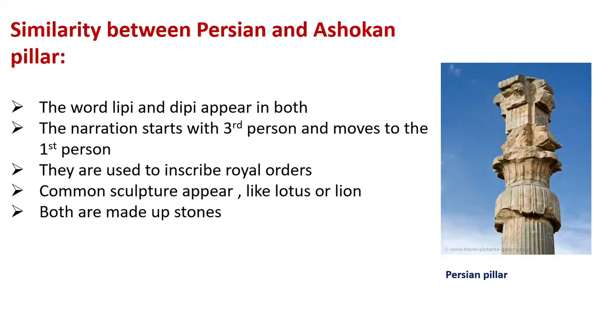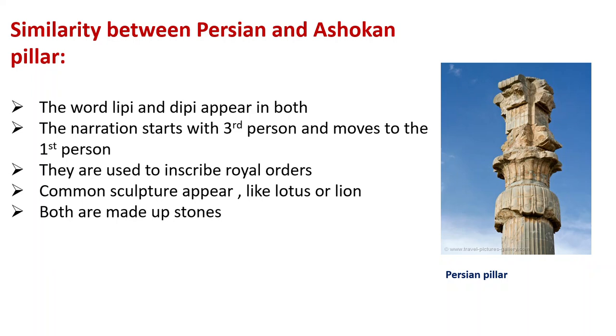Now, there is a similarity between the Persian and Ashokan pillars because of their geographical proximity. So, what are the similarities? There is a word which is common in both, that is the word Lipi and Dipi. This word is common in both Mauryan and Persian edicts.